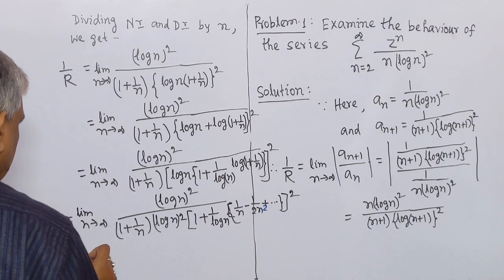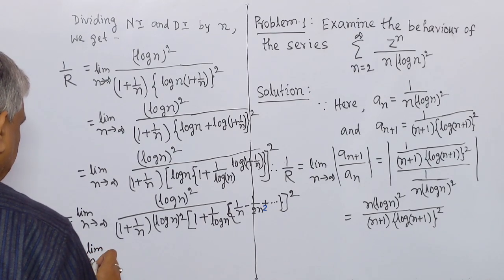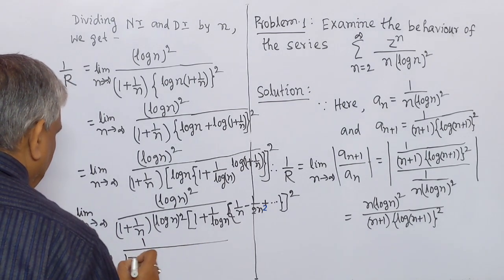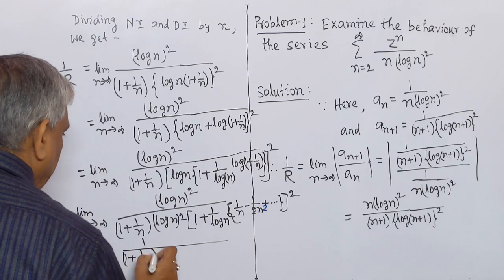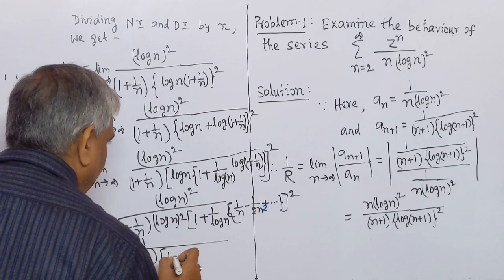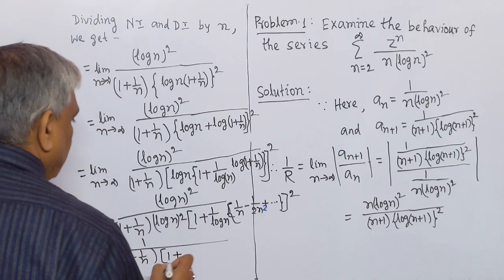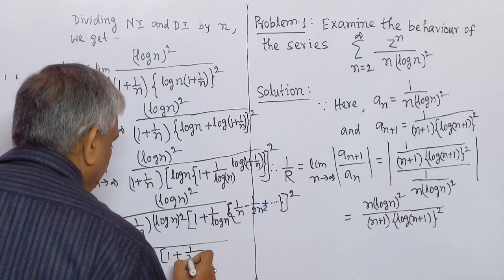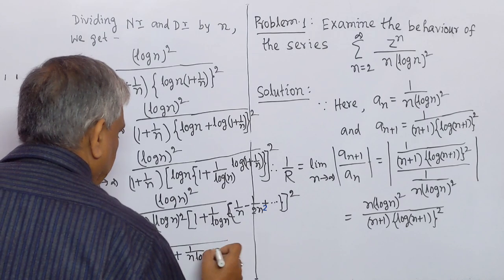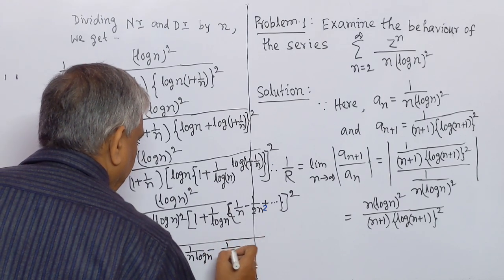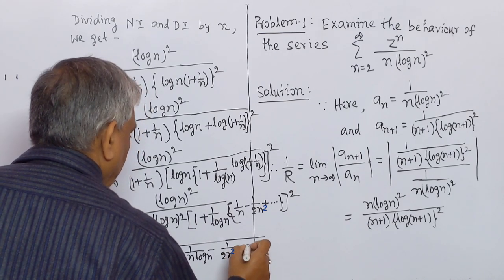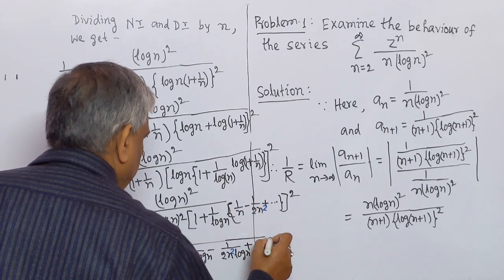Only remains limit n tends to infinity 1 by 1 plus 1 by n, under bracket 1 plus 1 by (n log n) minus 1 by (2 n log n) plus dot dot dot whole square.